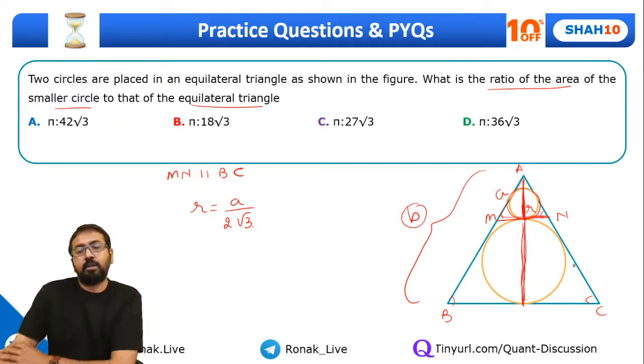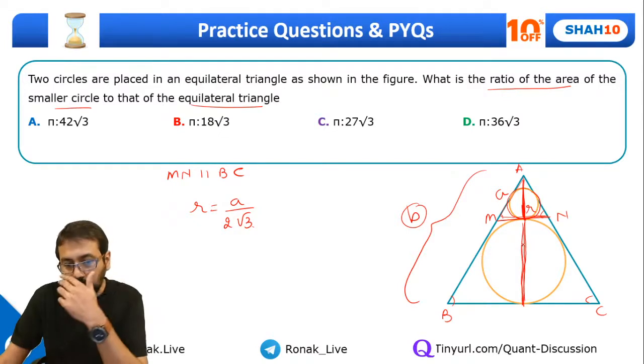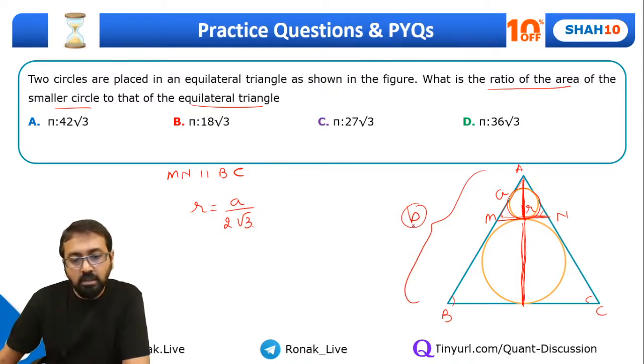This radius, since this is the incircle, is going to be b upon 2 root 3.